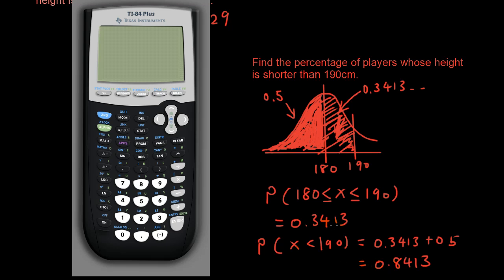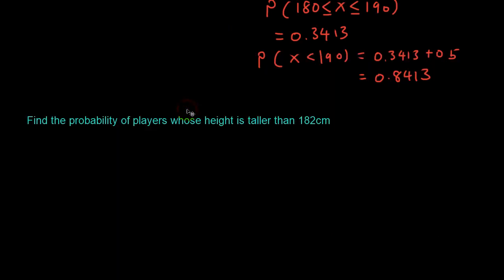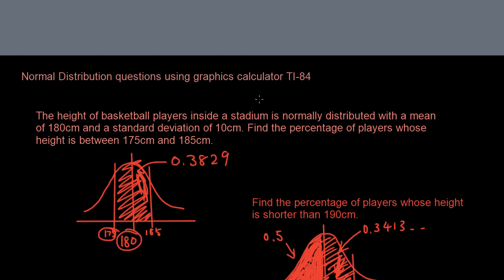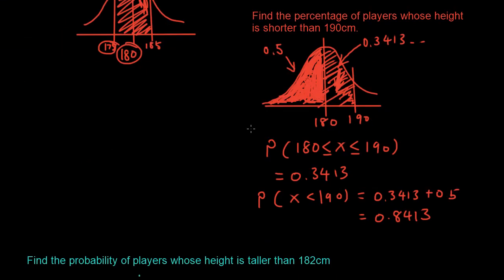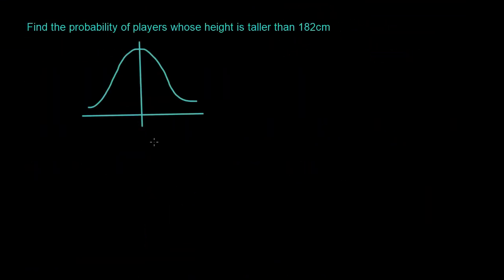Okay, so let's keep going. We have: find the probability of players whose height is taller than 182 centimeters. So again, let's draw the normal distribution curve, and put the middle as the mean, which is 180 centimeters.